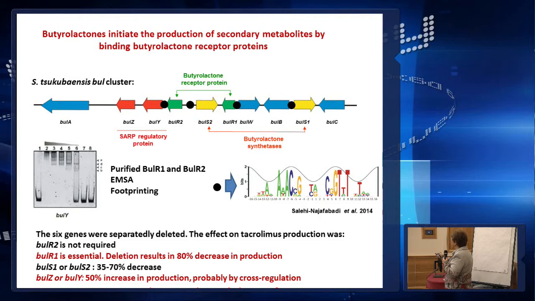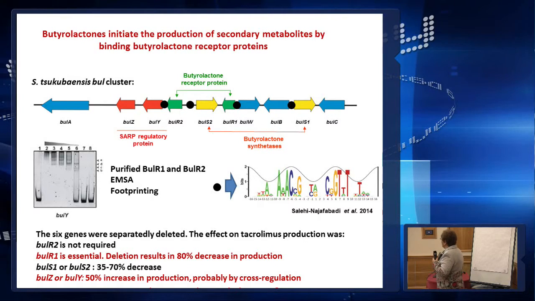The deletion of this gene resulted in an 80% decrease in production of tacrolimus. The other genes were of medium importance. BulS1 and S2 decreased the production of tacrolimus a little bit, and the 2 regulatory genes increased the production, probably by cross-regulation.